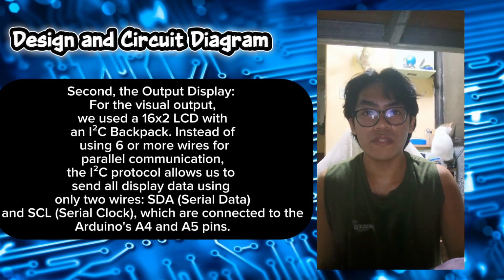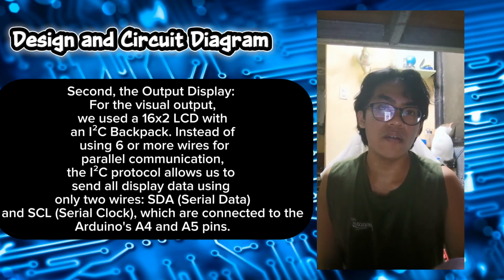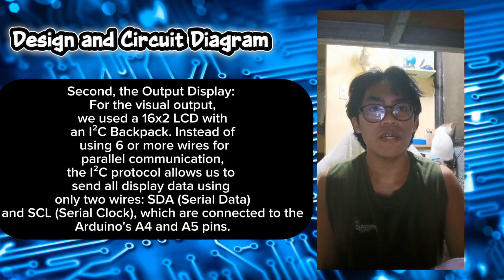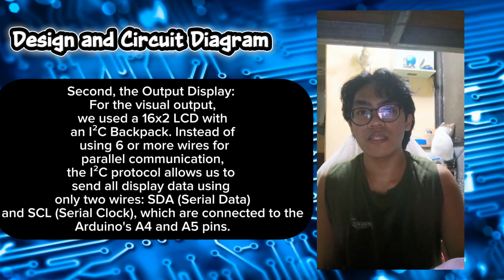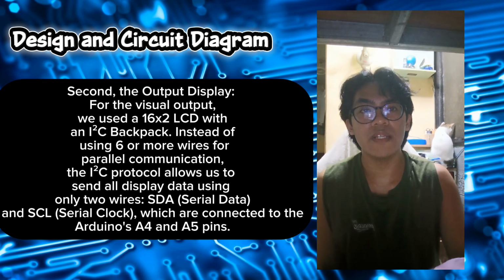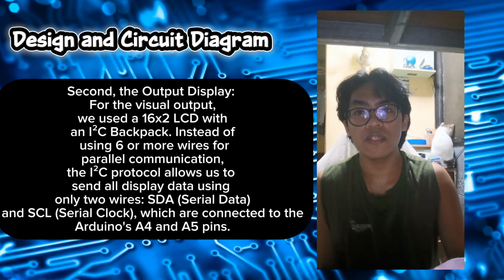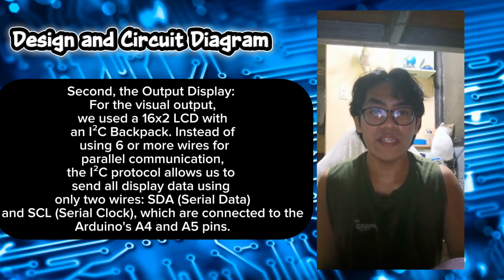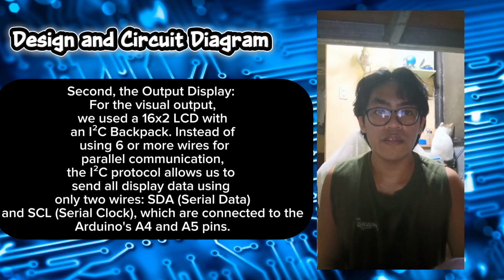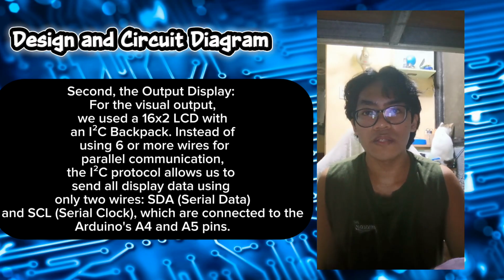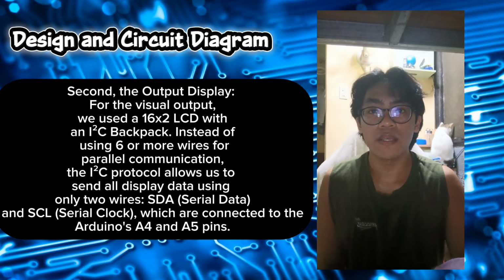Second, the output display. For the visual output, we use a 16 by 2 LCD with an I2C backpack. Instead of using 6 or more wires for parallel communication, the I2C protocol allows us to send all display data using only 2 wires, SDA, or serial data, and SCL, serial clock, which are connected to the Arduino's A4 and A5 pins.